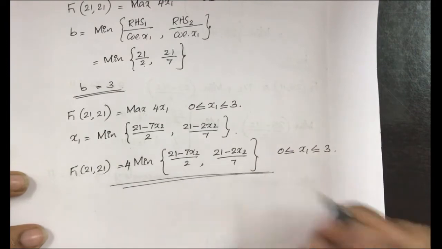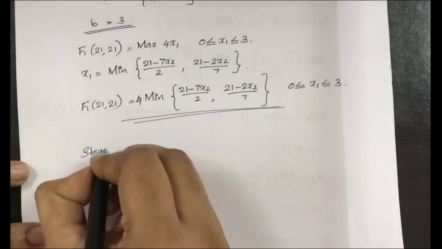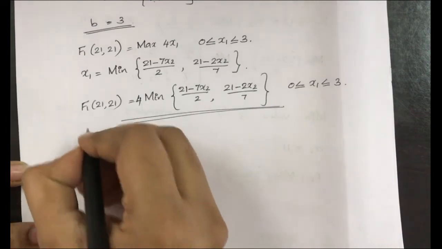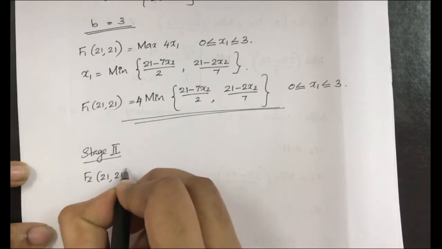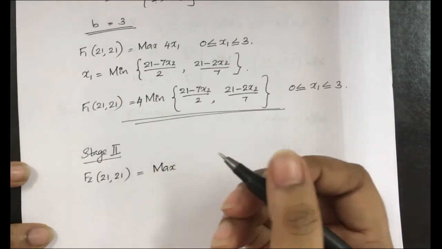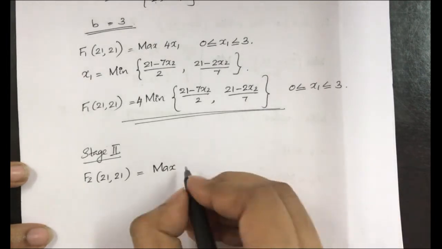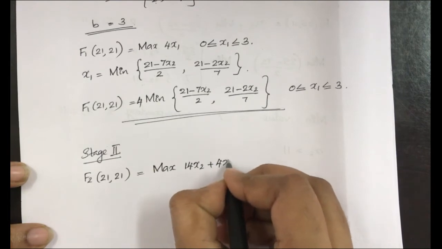So the first stage is completed here. Now we are entering into stage 2. So f2 of 21 comma 21 is equal to maximum of, the objective function was 4x1 plus 14x2. So maximum of 14x2 plus 4x1.